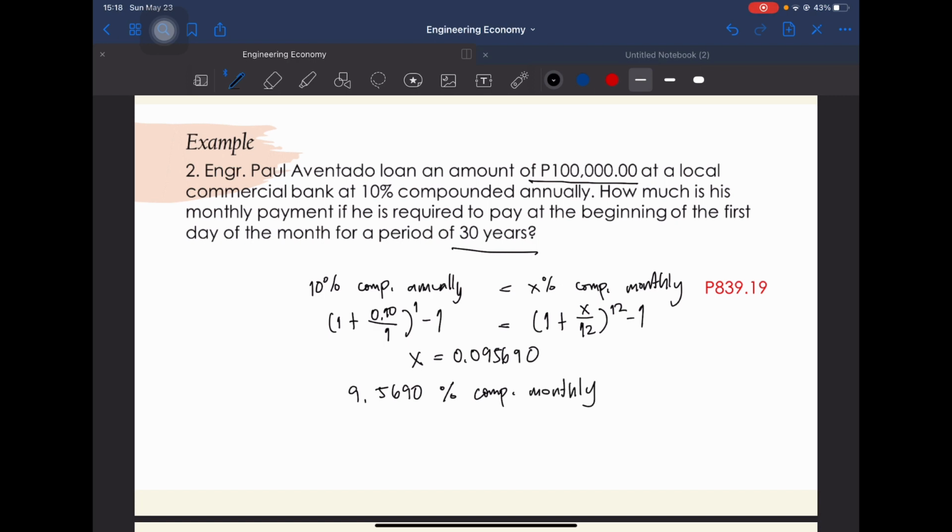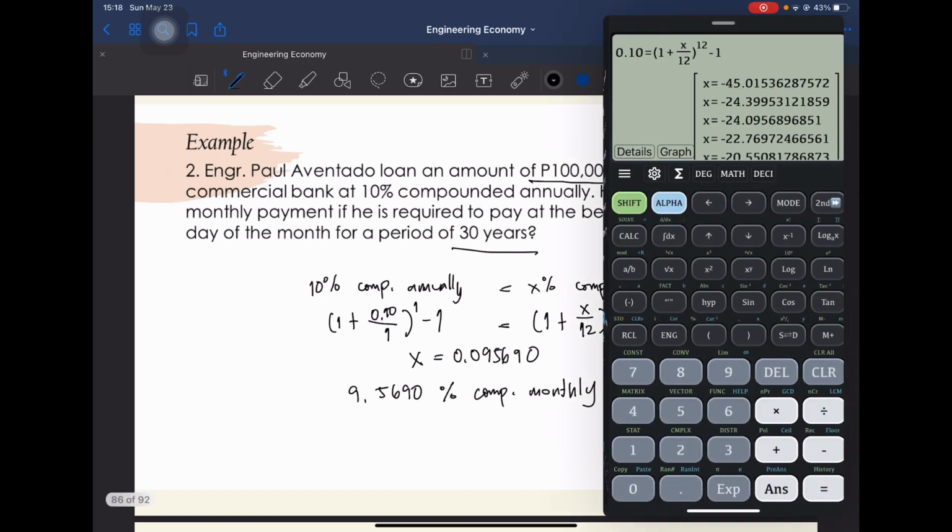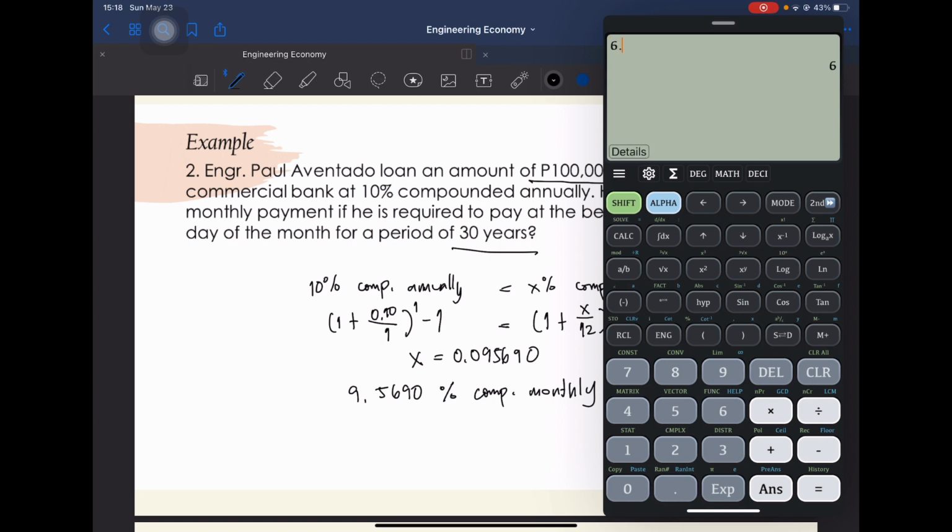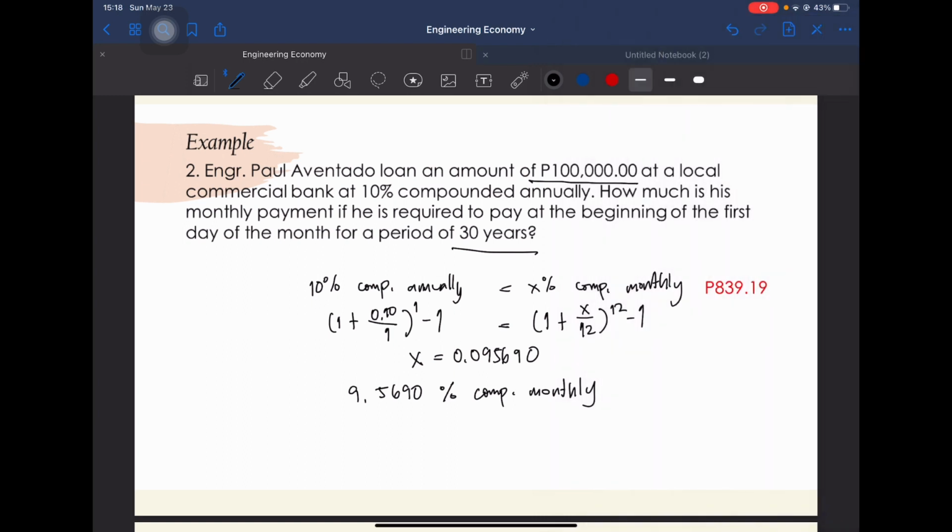That means the interest per month is, when computed, 9.5690 divided by 12, rounded off, sorry. That's 0.7974 percent monthly. So this is your interest rate. We still divide by 12. Written as a decimal, that's 0.007974.